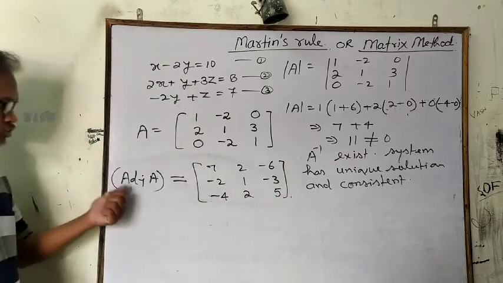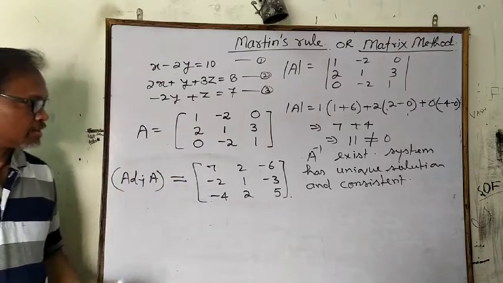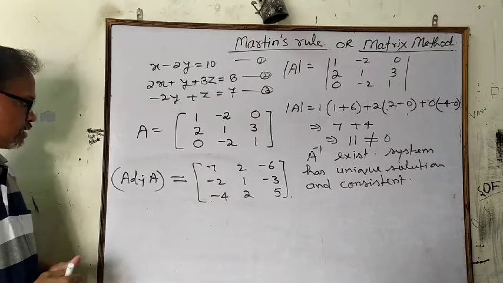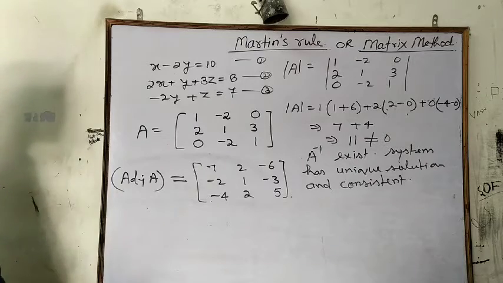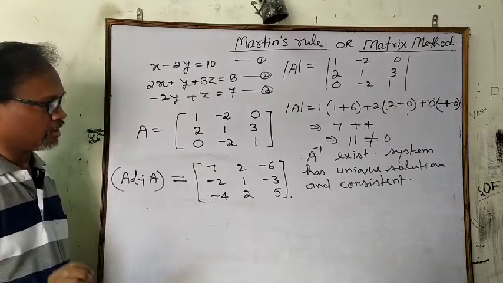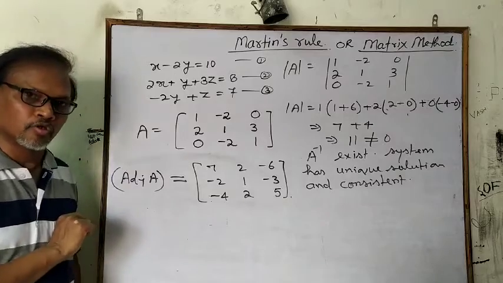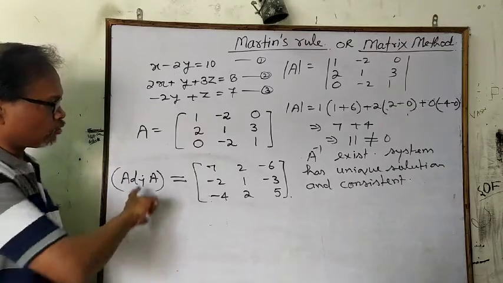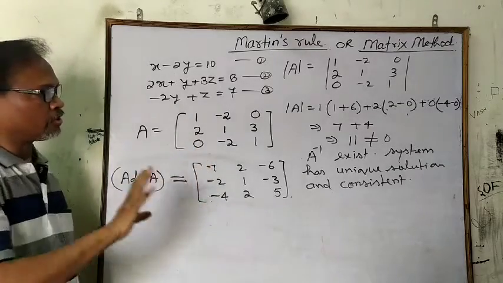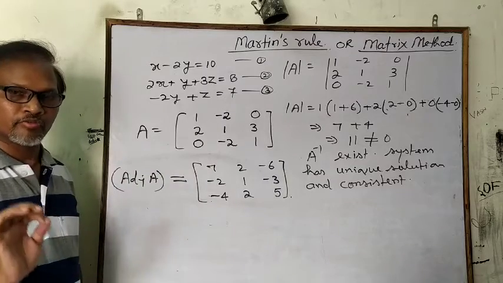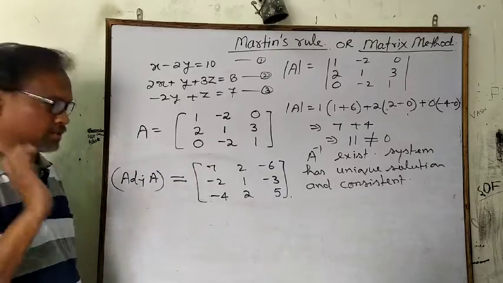This is the adjoint of A. But you have to find first the cofactors with the proper sign. If any one sign is wrong by mistake, then in the whole question you will not get the solution of x, y and z.